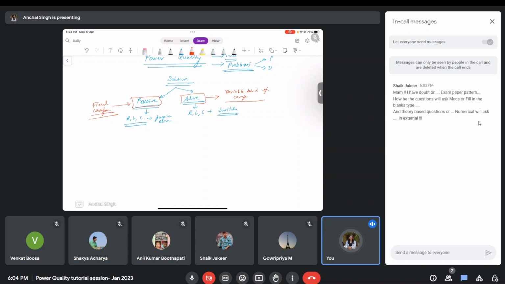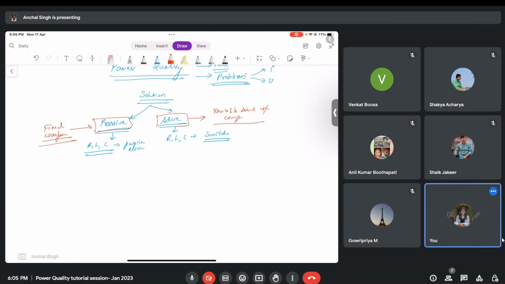Apart from that, we have covered very little theory. Only very few questions in your assignments were theory based. Most of the questions were numerical based. So mostly your paper will cover numericals, and it will be either integer type or MCQ type. But you will have to solve the numericals. There is no other alternative to that.